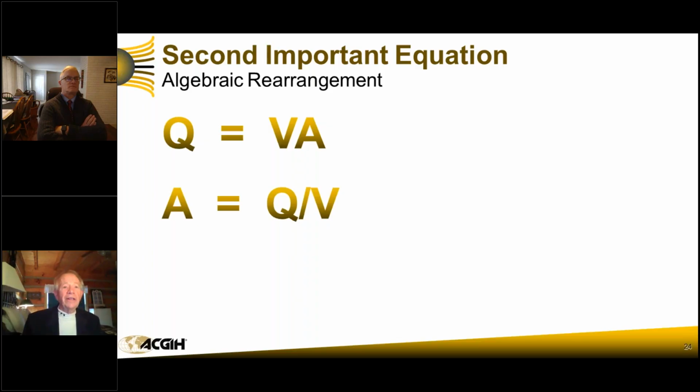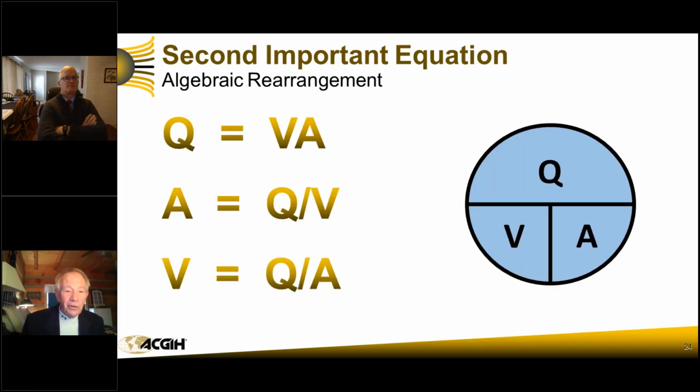All right, here's our second important equation, the algebraic rearrangement. Q is equal to VA. If I divide both sides by V, I come up with A is equal to Q over V, and V is equal to Q over A. This is a great little handy thing, and I want you at home to write down this circle: put Q in the top, and V and A in the bottom.